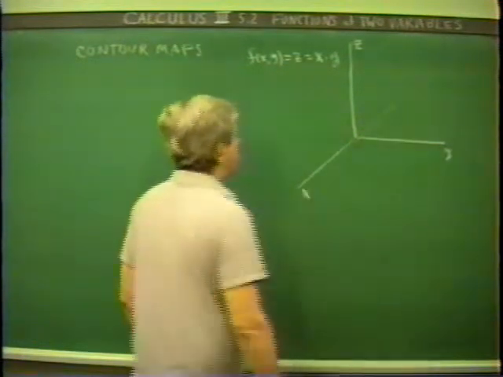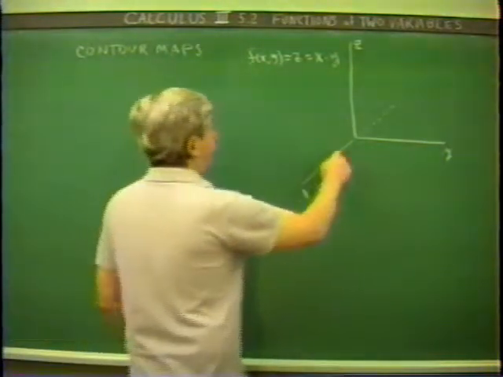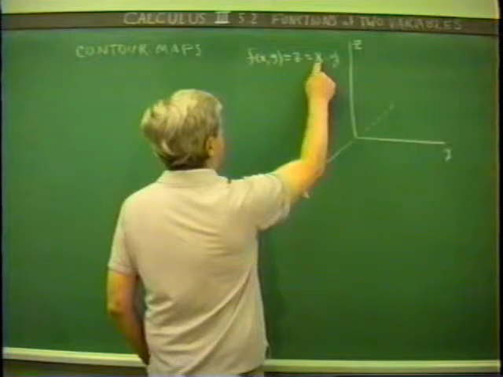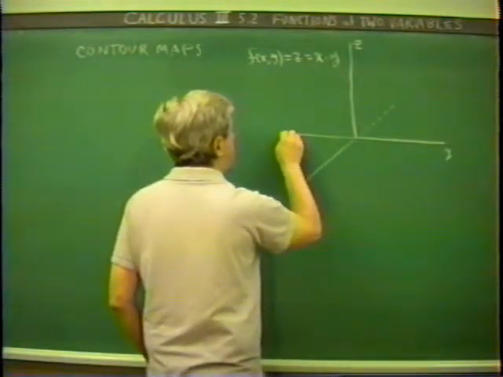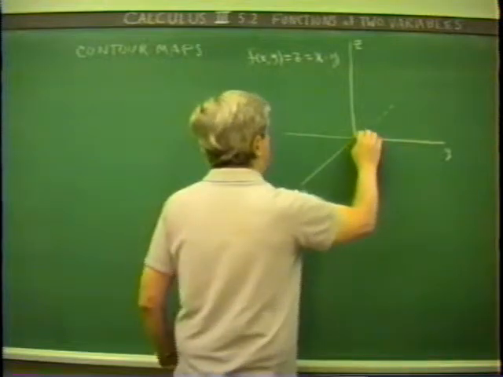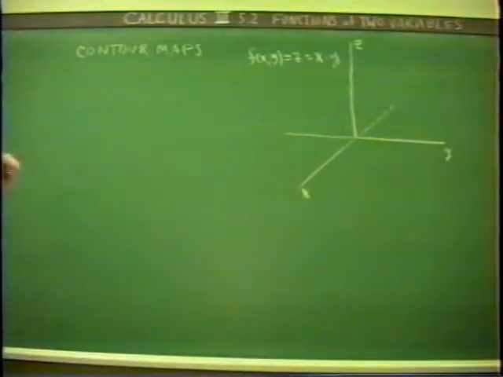So that the entire x-axis is the trace in the xz plane. When x is equal to 0, z is also equal to 0. So the traces are these two axes. That doesn't tell you too much about what this might look like.